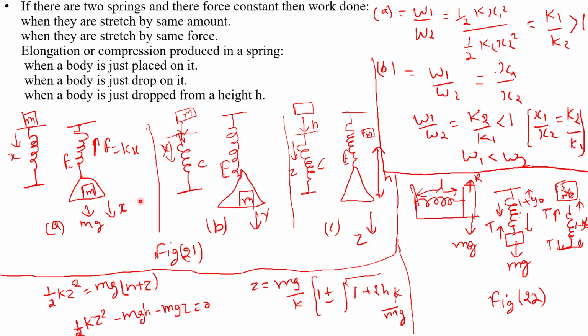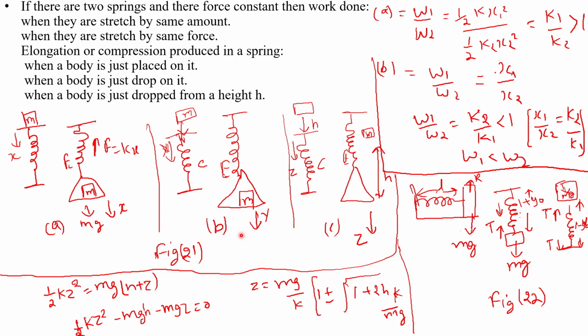Next, when a body is just dropped on it, due to the change in momentum on collision, an impulsive force will act. So here F is greater than mg. If y is the maximum stretch of the spring, then by conservation of mechanical energy, half of k y square is equal to mg y.